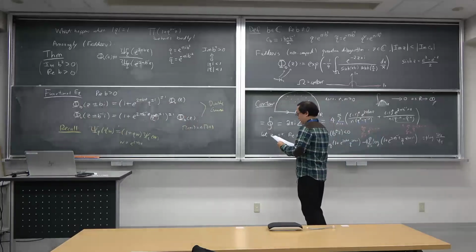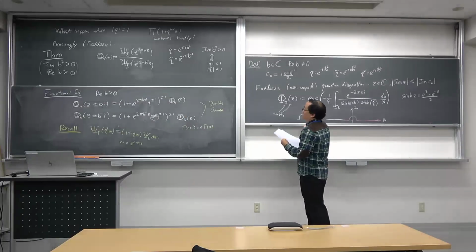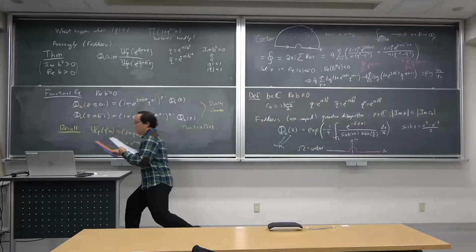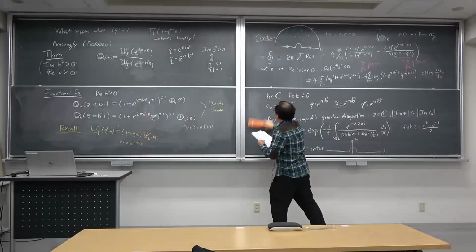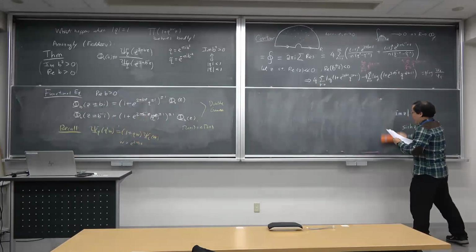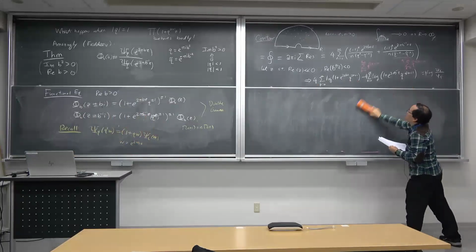Okay. So now we know the functional equation. We can have some properties. I shouldn't use it.